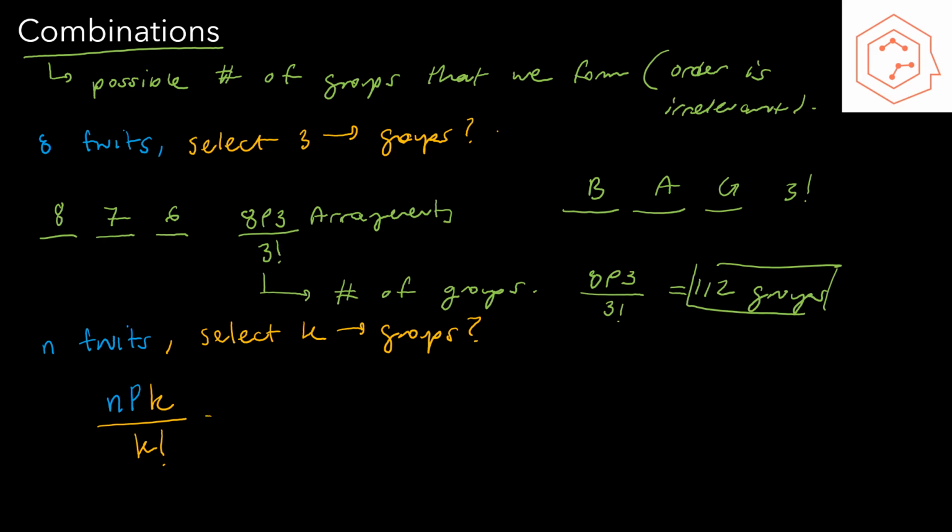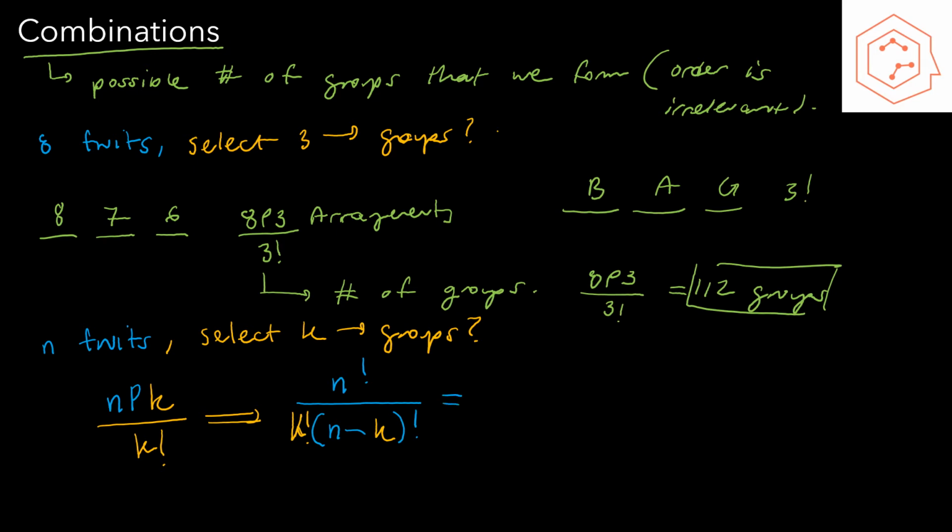If we rewrite this, n pick k is simply n factorial divided by n minus k factorial. That's how a permutation is defined. And so we're dividing this by k factorial, so we can add that at the bottom. This is what we define as a combination.